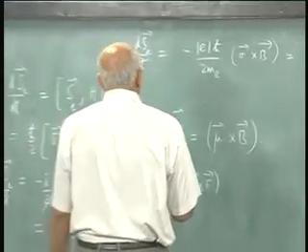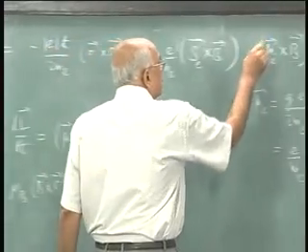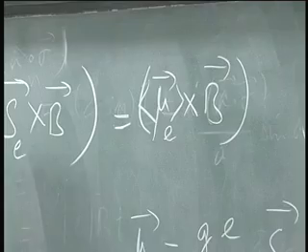This is another example of Ehrenfest's theorem, because if I took expectation values on both sides, then it says this is equal to that, because those are the operators.